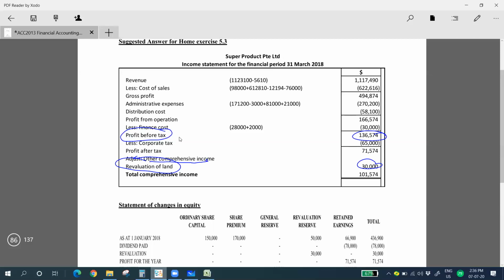So tell me, is this gain of 30,000 included here? No, this 30,000 is not included because the amount we use is before this revaluation gain. So if we start our cash flow statement from profit before tax, we are not required to adjust for this revaluation gain in our cash flow statement.